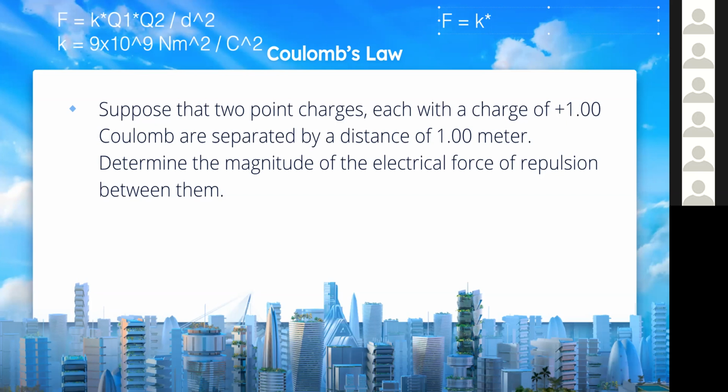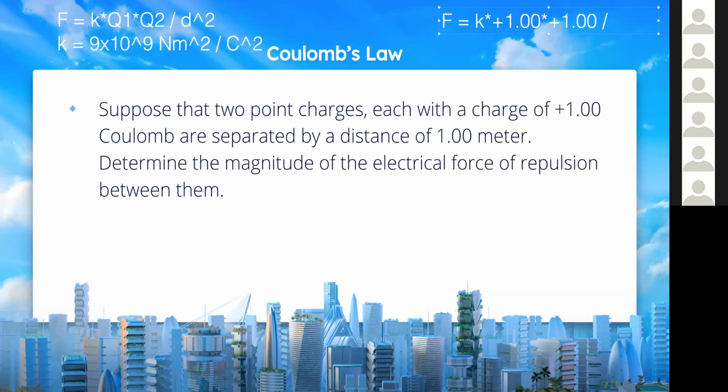What is the charge? What is Q1? 1. Yes, and when we deal with charges, let's make sure that we're always saying positive and negative, because those obviously play an enormous role in electricity. And what's Q2? 1. Yep, but we need to say not just 1, but positive 1. Beautiful.